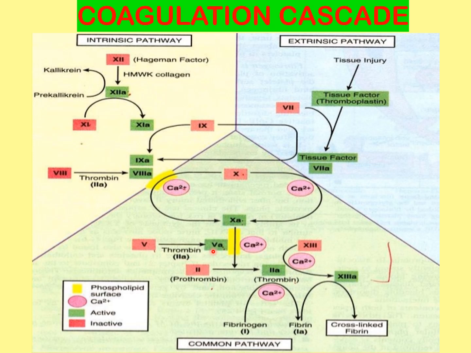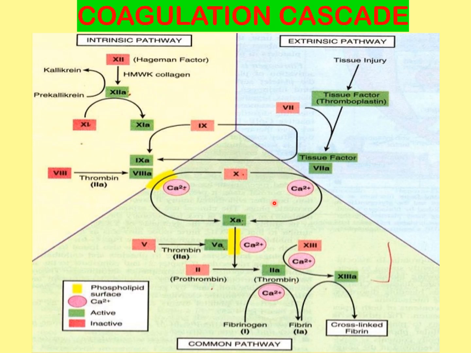Now let's discuss the common pathway. Common pathway starts when the clotting factor 10 is activated into 10A. This activation can occur through the extrinsic pathway using tissue factor, which is clotting factor number 3, along with 7A and calcium, which forms the extrinsic tenase complex, or it can occur through the intrinsic pathway using the clotting factor number 9A along with 8A, calcium and phospholipid, which forms the intrinsic tenase complex.